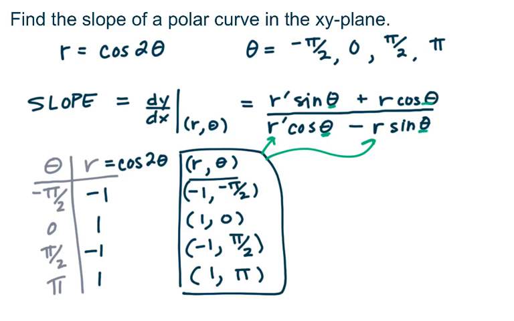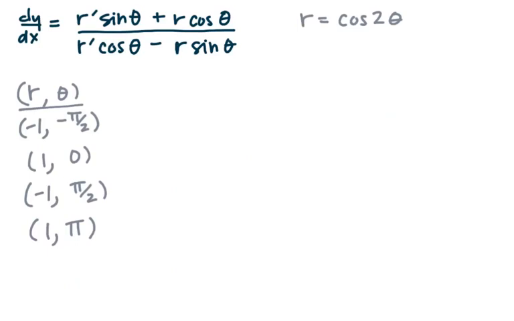I took a second to rewrite this on a page so I'd have more space to do some work. We basically have 4 calculations to do here. I've got my 4 ordered pairs, but I'm only going to do the calculation with the first ordered pair.